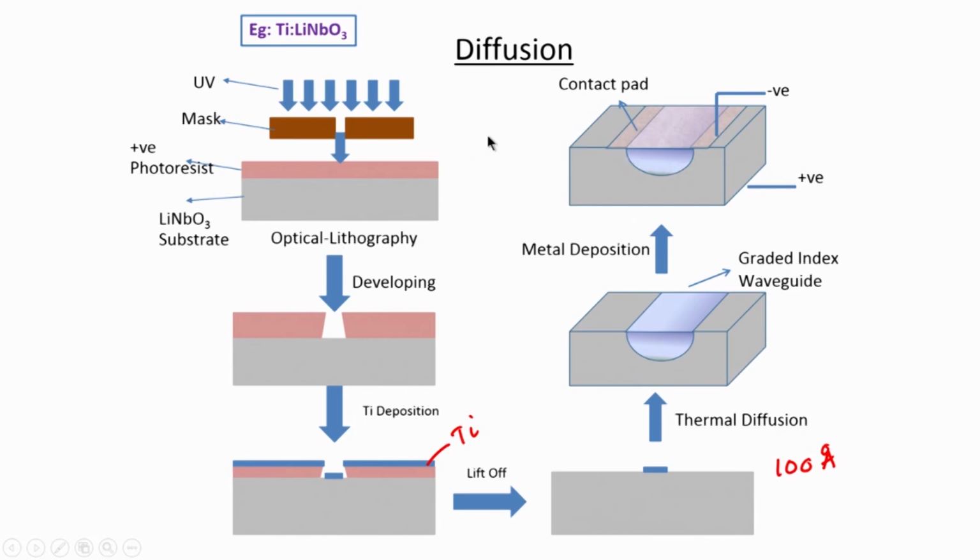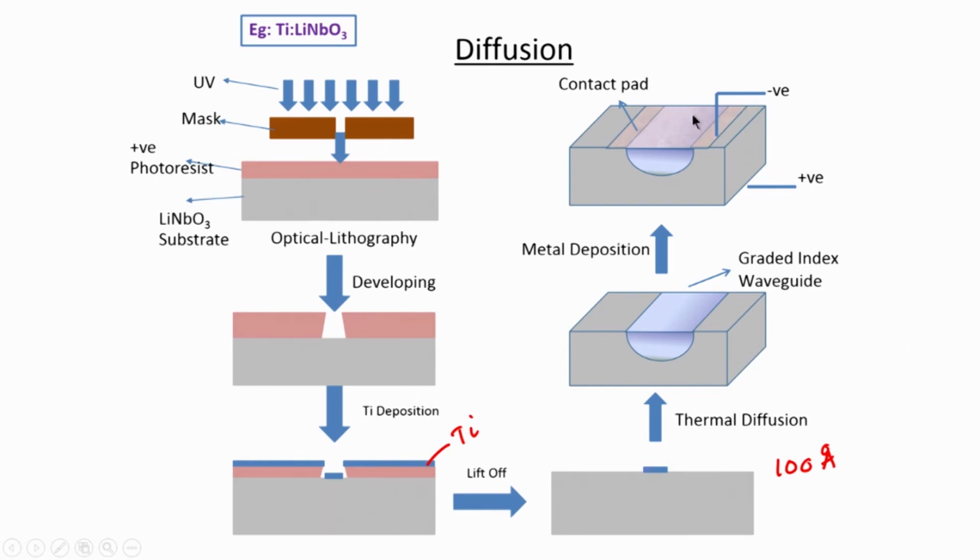Using a process similar to depositing the titanium film, you can deposit metal electrodes, either gold or titanium or whatever suitable material. This is a two-step process. In the first step, we deposit the titanium and diffuse, and in the next step, you create electrodes.